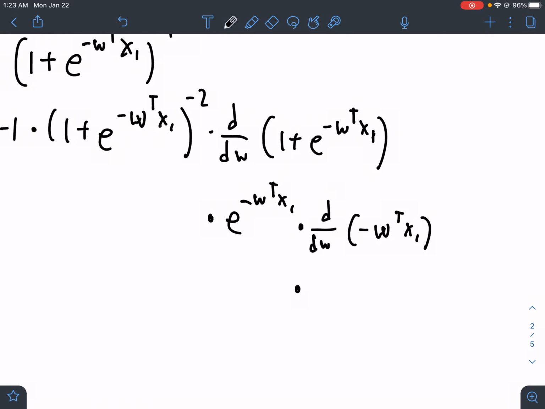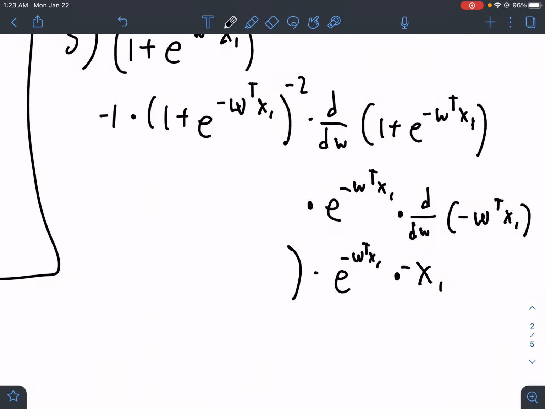And so that is negative x1 e to the negative w transpose x1, and again negative 1 times 1 plus e to the negative w transpose x1, to the negative 2.